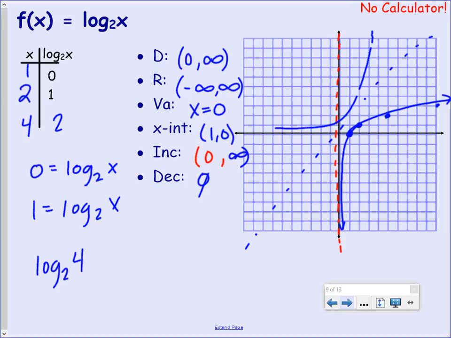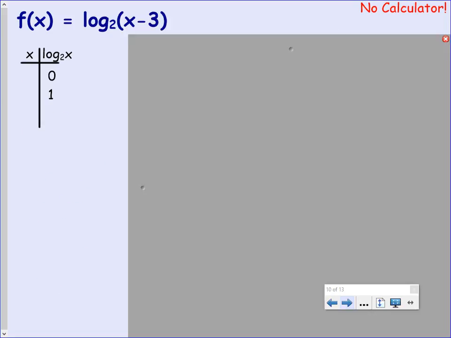Let me show you one example with a shift so that you get used to what that would look like. Because this is going to be on the no calculator section of the quiz on Friday and the no calculator section of the test next Thursday, it's really important that you go with the shifting method, only because logs aren't always easy to evaluate.